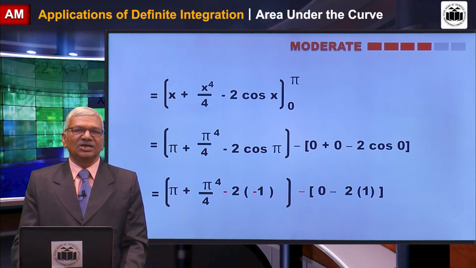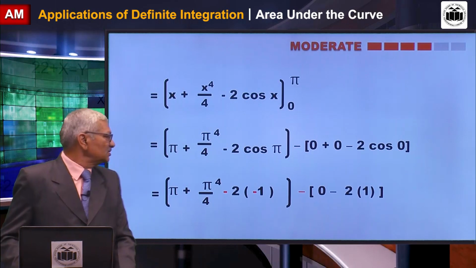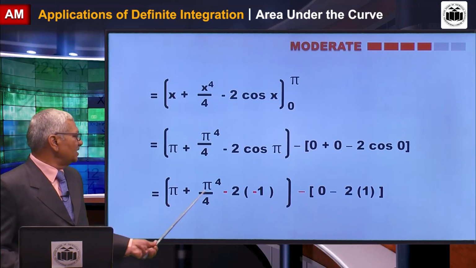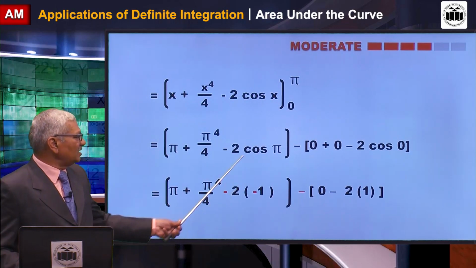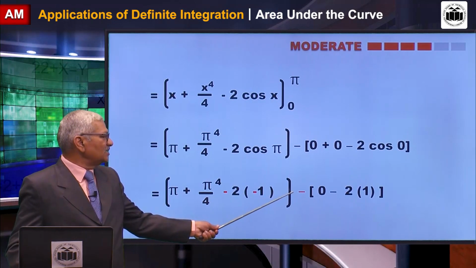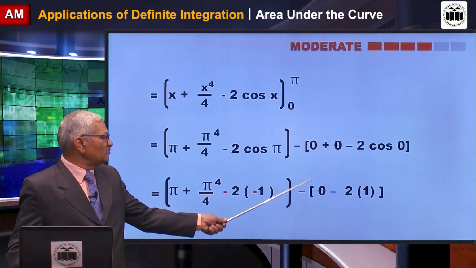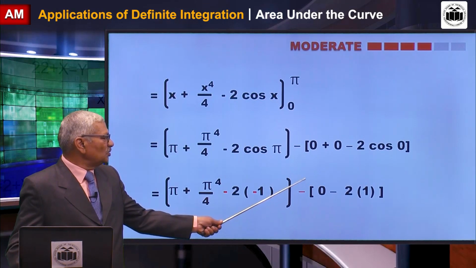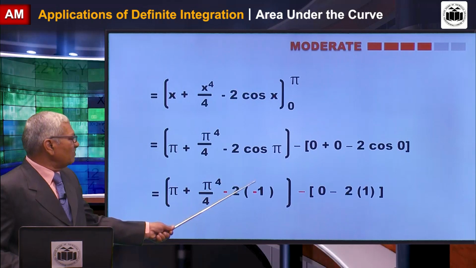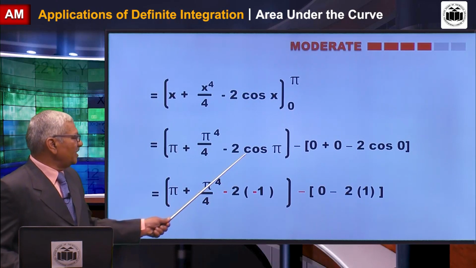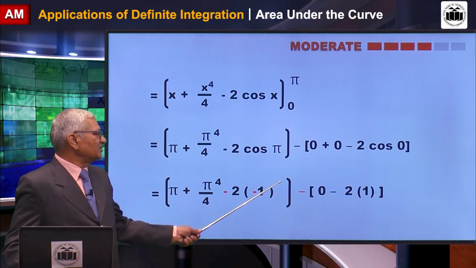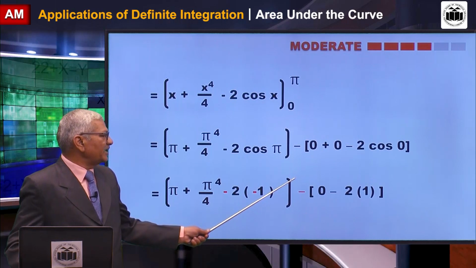So here you can commit mistakes. That is, minus 1 minus 2 is plus 2. Another mistake is that you forget this minus sign. So minus minus becomes plus. Keep this in mind in examination: when there is a minus outside the bracket, then the sign inside the bracket changes.